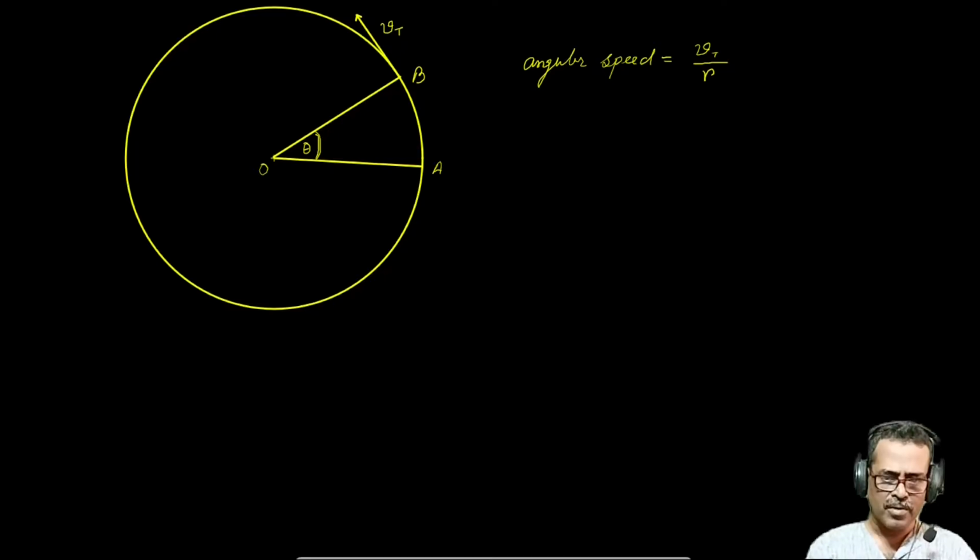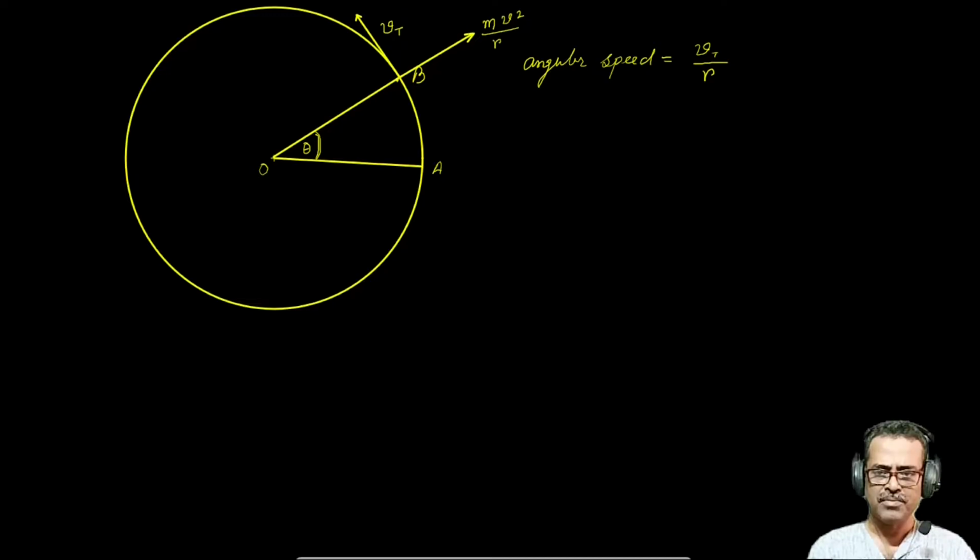Therefore, if we consider a non-inertial reference frame, that is moving with the circular path, that is an accelerated reference frame, the object on this path experiences a pseudo force, which is the centrifugal force, away from the center, and that is equal to m v square by r.